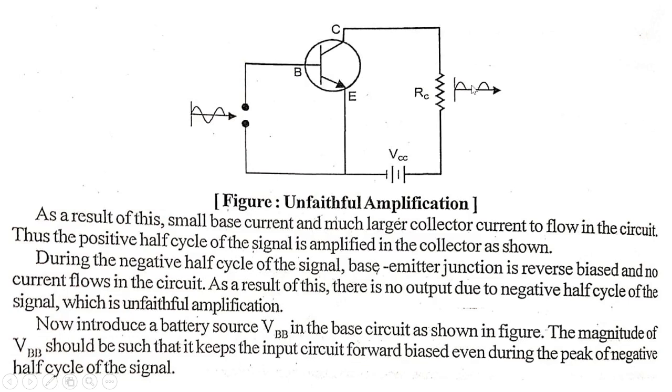See in the figure, here only the positive half cycle of the input signal. At the output we get the positive half cycle of the signal amplified in the collector as shown. During the negative half cycle of the signal, the base emitter junction is reverse biased and no current flows in the circuit.